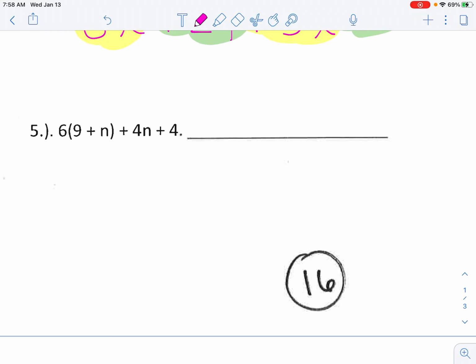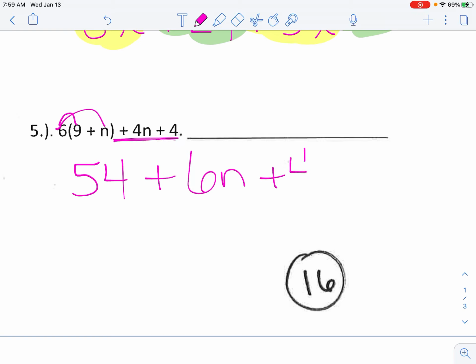Number 5, 6 times (9 plus n) plus 4n plus 4. So 6 times 9 is 54. 6 times n is 6n. We still have plus 4n plus 4.